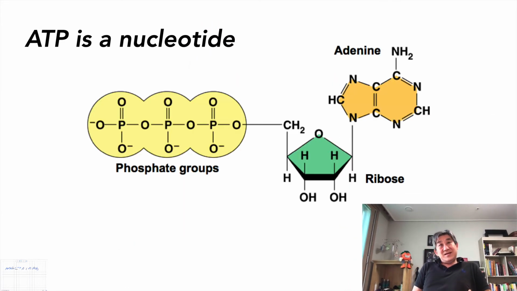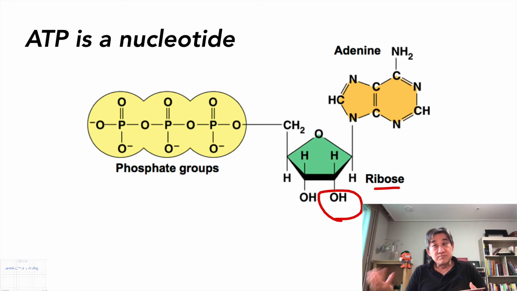Another thing is, let's take a look at this ATP structure, revisited for a while. We have seen this structure of ATP previously, but now, what do you think? This ATP structure has a ribose sugar, right? Because it contains an oxygen-containing hydroxyl group rather than deoxy.